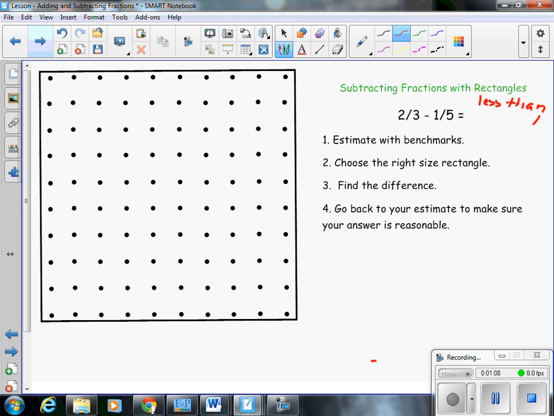All right, I'm going to choose the right size rectangle for my second step. Since I have thirds and fifths, I'm going to do a 3 by 5 rectangle. 1, 2, 3, 1, 2, 3, 4, 5.